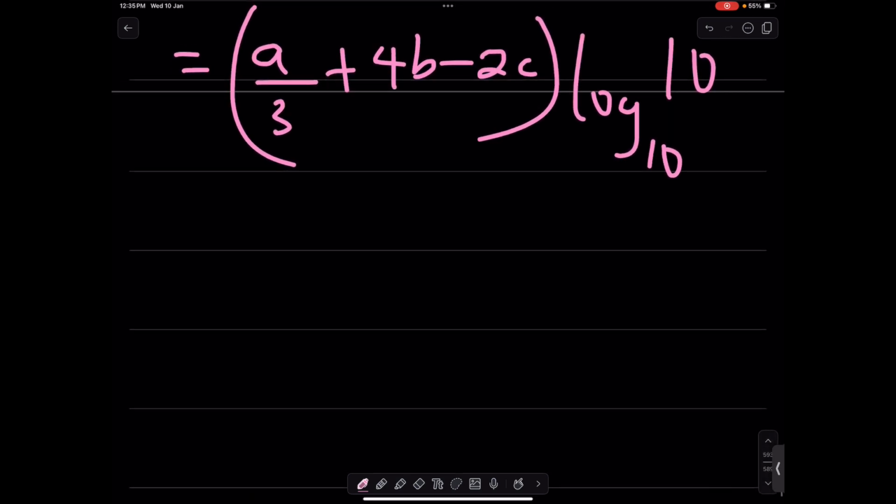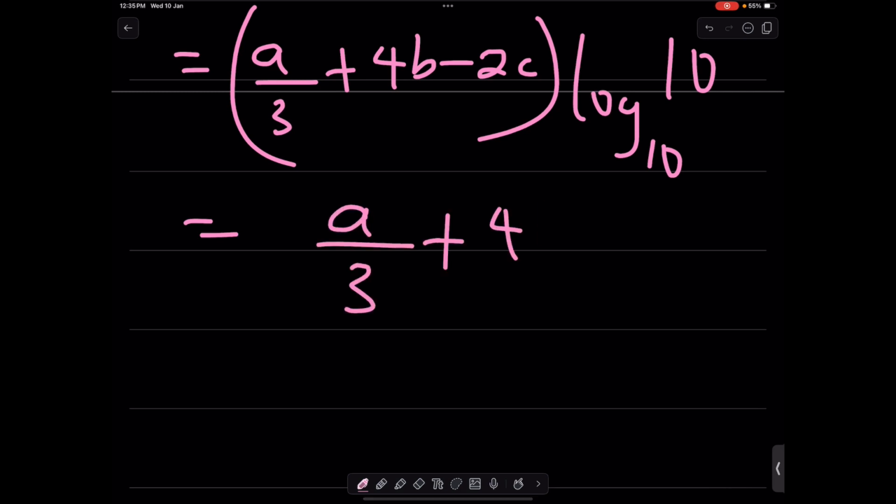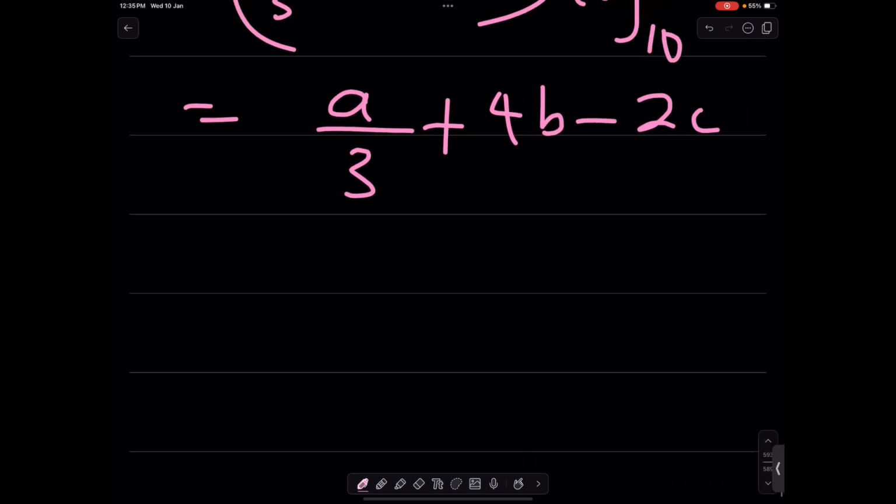We know that log a base a is 1, so log 10 base 10 is 1. And that's equal to a over 3 plus 4b minus 2c. And that's it, very, very simply.